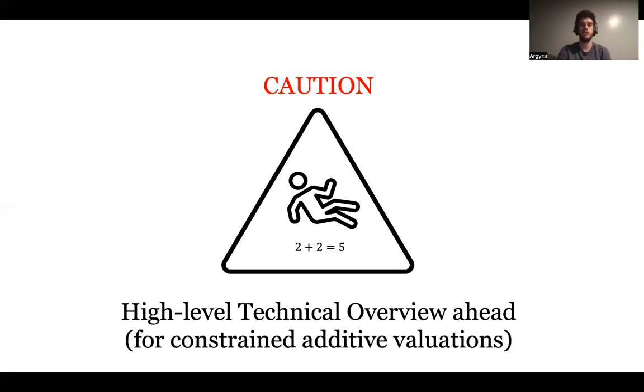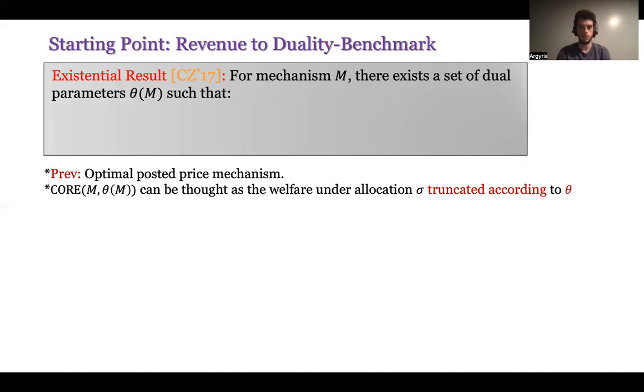Now, we are ready to present a high-level technical overview of our approach. For simplicity, the overview will be about constrained additive rather than XOS buyers. The ideas and techniques extend to XOS buyers. The starting point of our algorithm is the existential result by Cai and Zhao, who showed that simple mechanisms have revenue within a constant factor of the optimal one for constrained additive valuations.